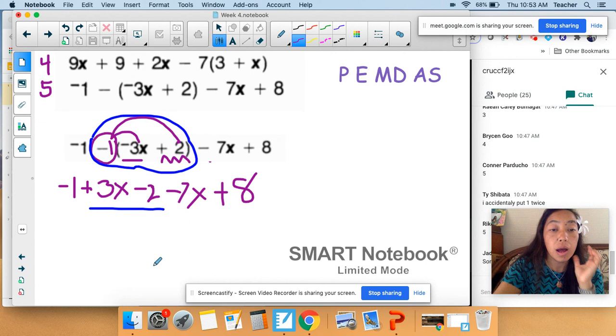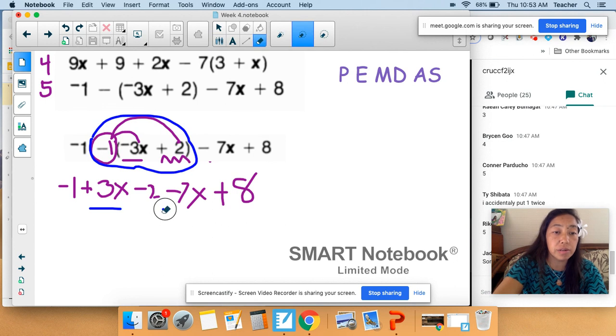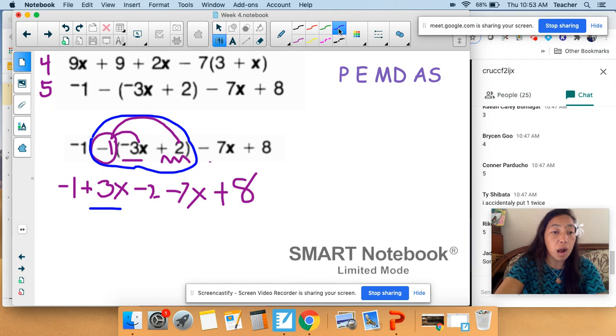Now we look, where are our like terms? Actually, I'm going to erase right over here. Our like terms, let's underline in blue our x terms. We have a plus 3x, so remember, count the symbol in front with it.